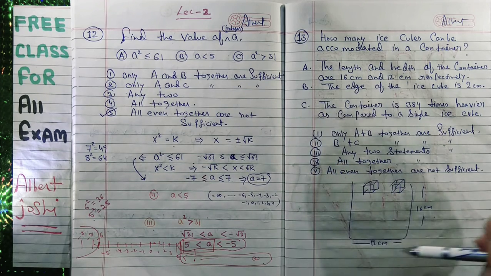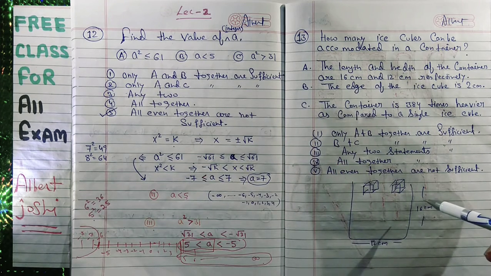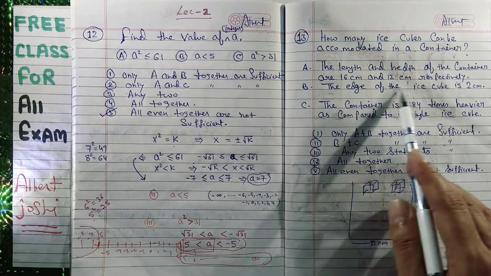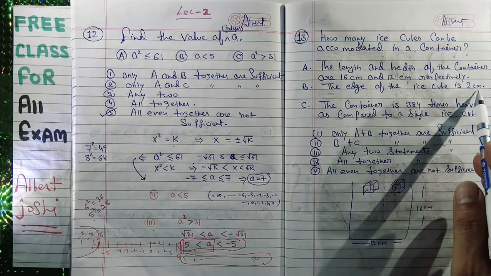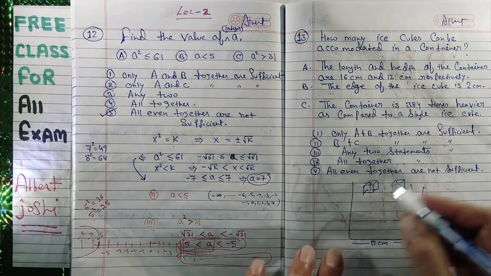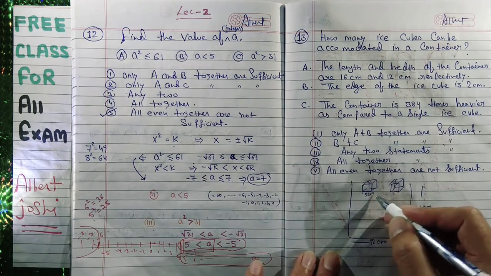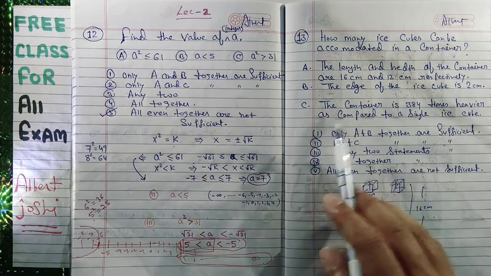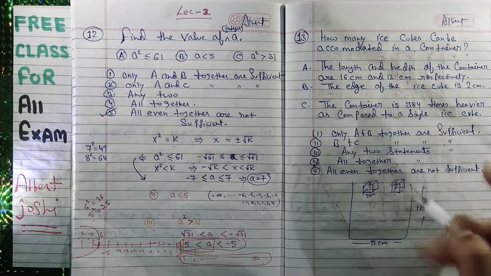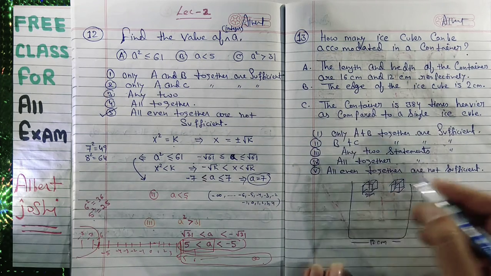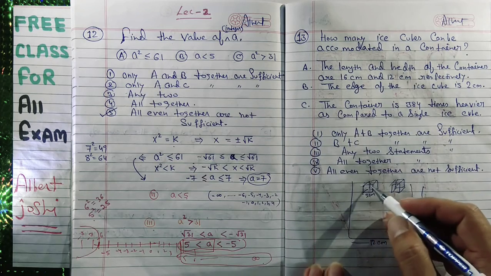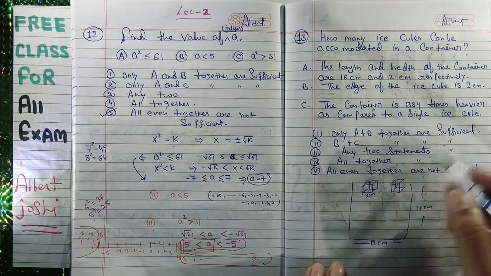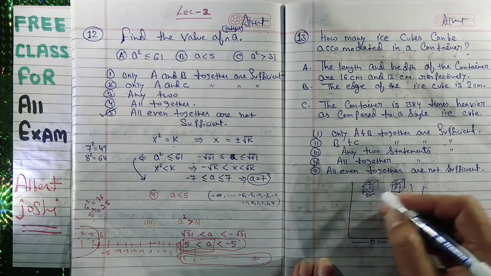He has given us the length and breadth, and the edge of the ice cube is 2 centimeter. The container is 384 times heavier as compared to the single ice cube. So its size is 384 times.